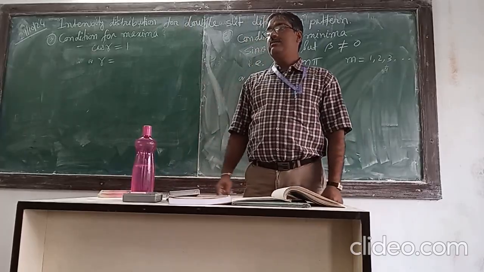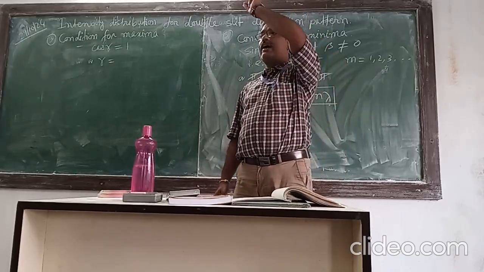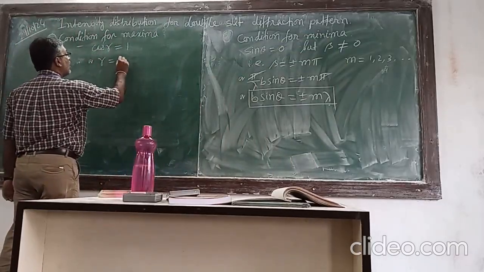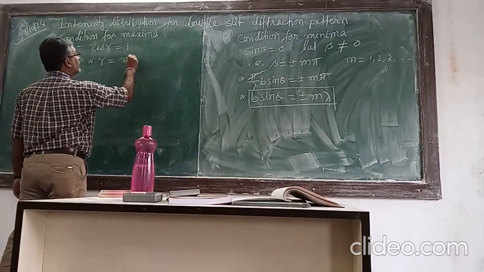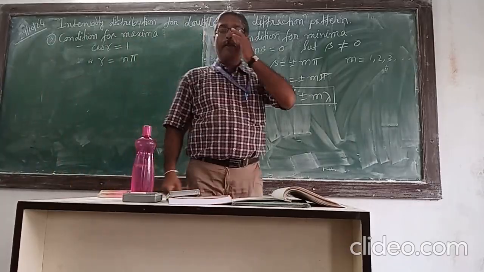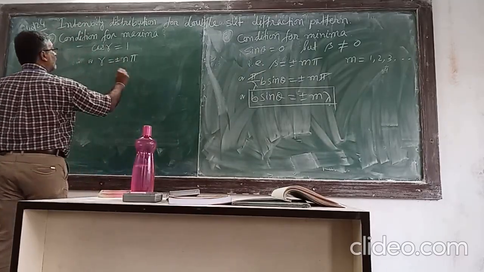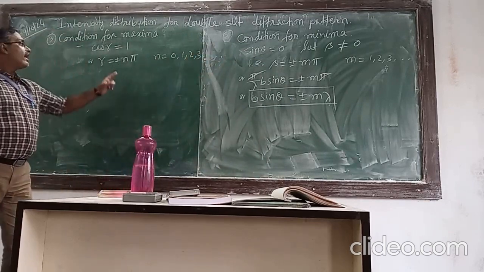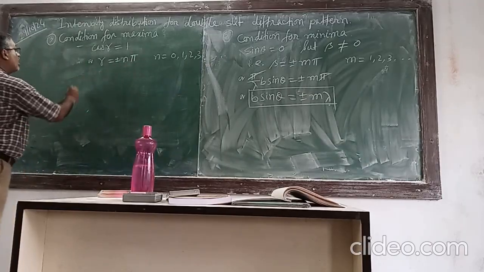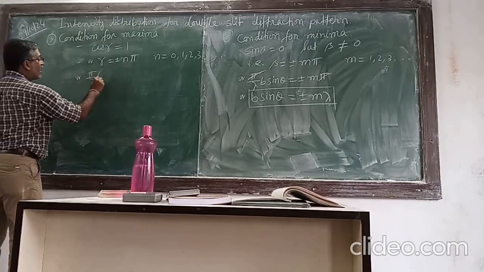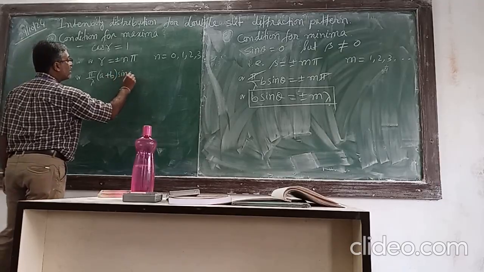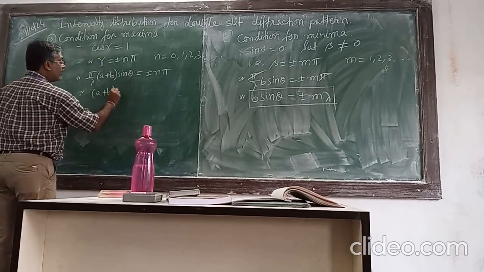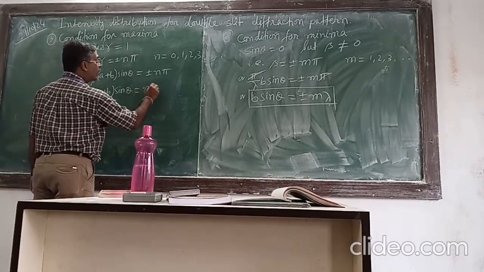In the intensity expression there is a cos square gamma, so it will again be minus 1 and plus, so gamma equals plus or minus n pi, where n equals 0, 1, 2, 3, etc. Or again, gamma equals pi by lambda times (a plus b) sin theta equals plus or minus n pi, or (a plus b) sin theta equals n lambda.